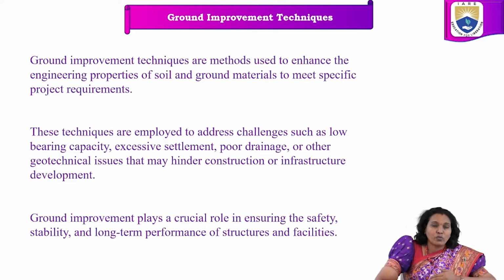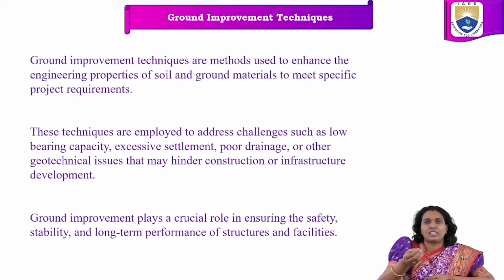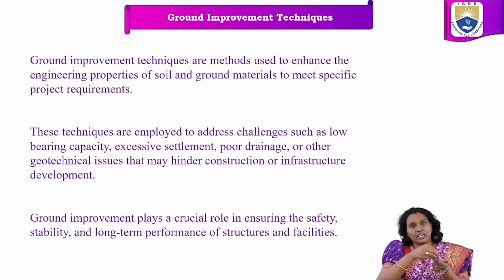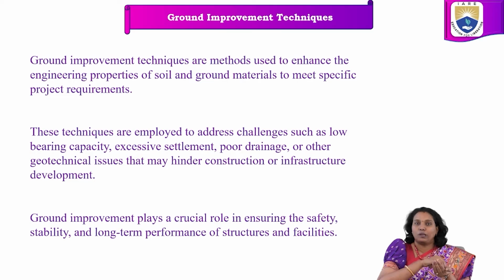Till now, what we are saying is some types of parameters, some engineering properties. So what are they? Bearing capacity, settlement, drainage, poor drainage, and some other geotechnical issues that may hinder construction or infrastructure development. So we are enhancing all those engineering properties of that particular soil which is not suitable.